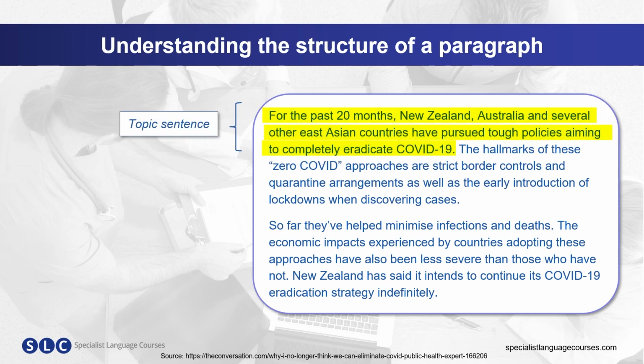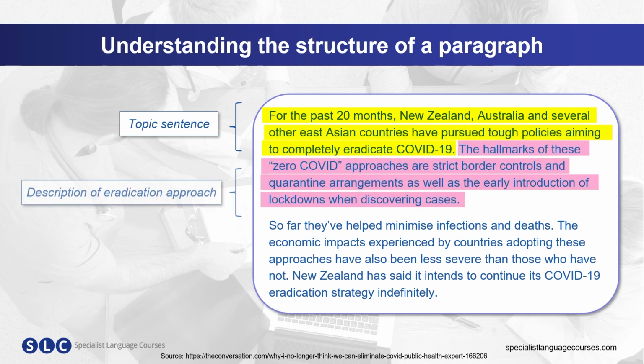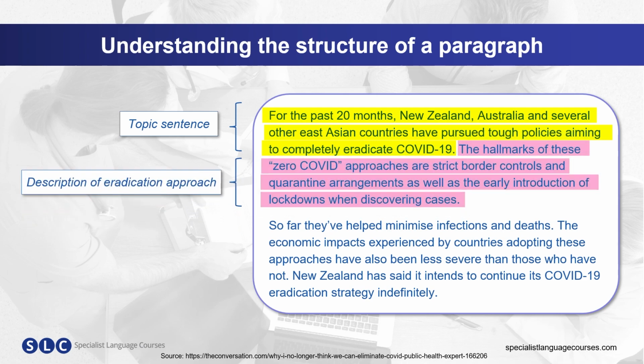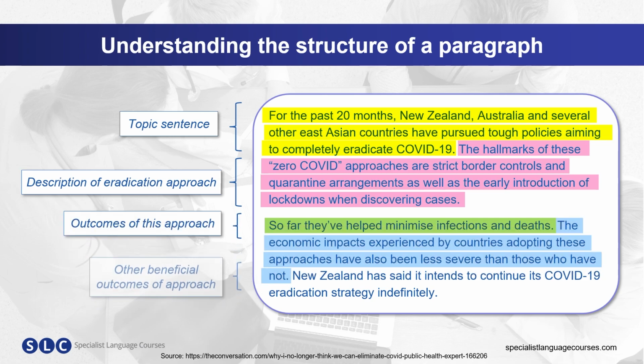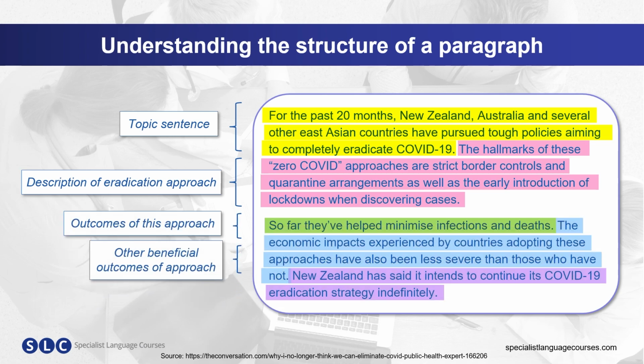For the past 20 months, some countries have introduced strict policies to try and eradicate COVID-19. Here is a description of these approaches. And then we have the outcomes of this approach and other benefits. The paragraph is then concluded with a final statement and future plan. Did you get similar ideas to these?